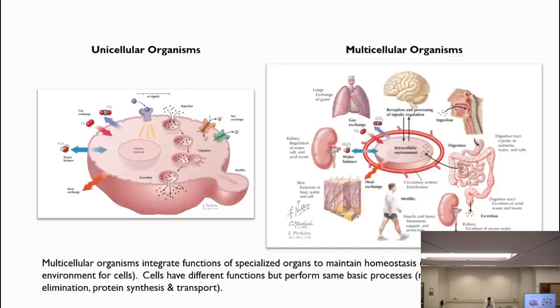Unicellular organisms need to take nutrients from the environment, need to use energy, that they need to process, they need to store in a certain way. They need to maintain homeostasis, in this case intracellular, because they have a single cell. So they take nutrients, produce energy, and eliminate wastes in different ways.